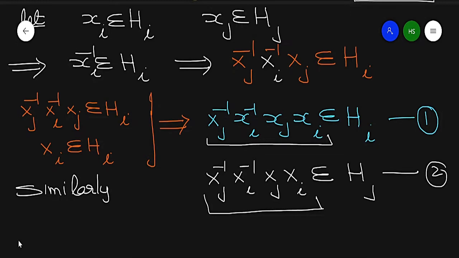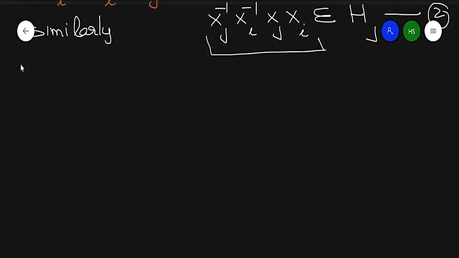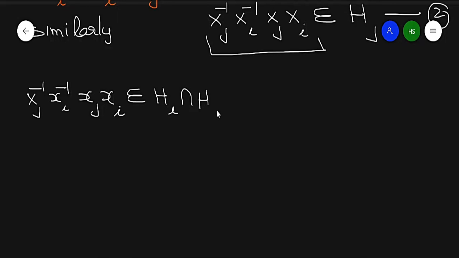So it belongs to the intersection Hi intersection Hj, which consists only of the identity element. Then it means this element becomes the identity.